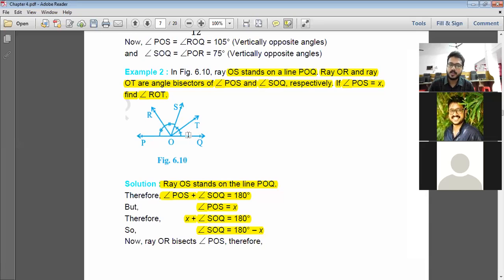They are equal because OT is the angle bisector of SOQ. Therefore, angle SOT and angle TOQ are equal. So if we find angle TOQ, then you can easily find angle SOT. That is our aim. We have an aim and we are moving in a manner so as to reach our aim. Clear?